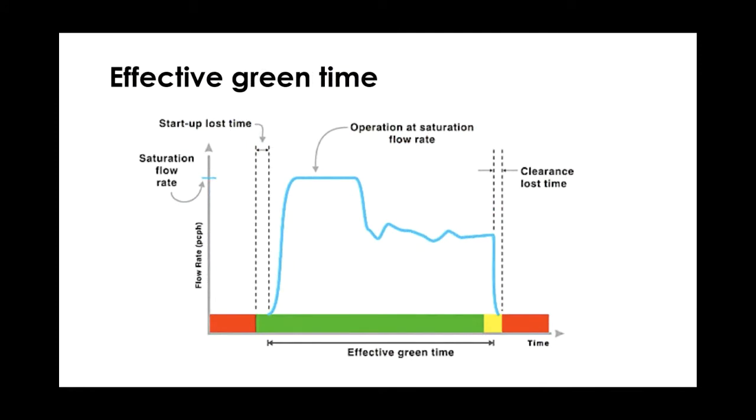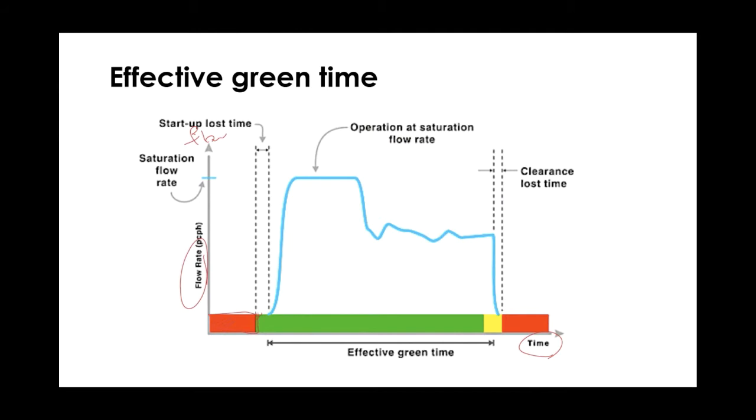And here's an interesting graph to look at, where it shows how the traffic flow changes when the light turns to green. The x-axis is time, the y-axis is the flow rate of an approach. When the light is red, of course there's no flow, it's zero, right?